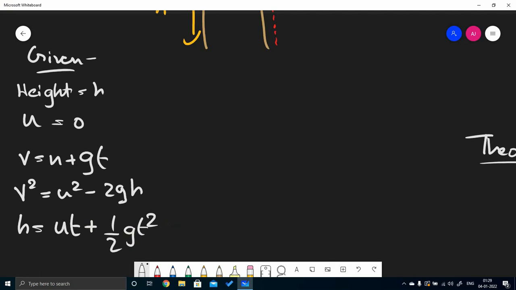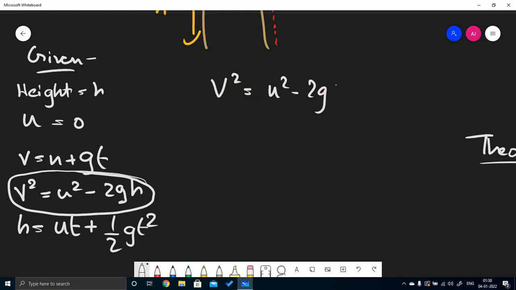Now, can we calculate the final velocity? Of course we can. Using this, we get v square is equal to u square minus 2gh.